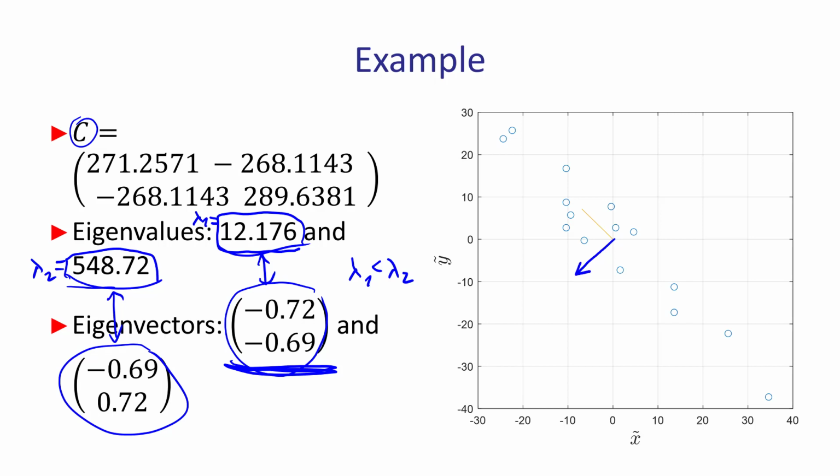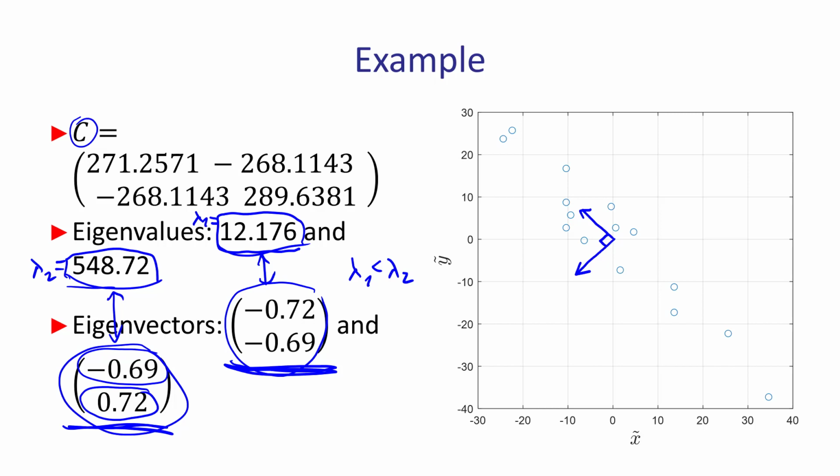This is the unit vector in that direction. The second eigenvector is pointing into negative x and positive y, which means it's pointing that way. Pay attention that they are orthogonal, which means you always have 90 degrees between those two eigenvectors.